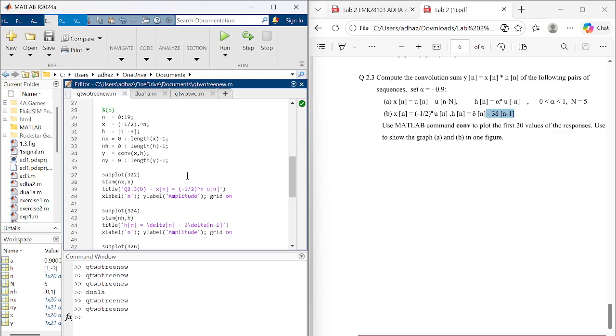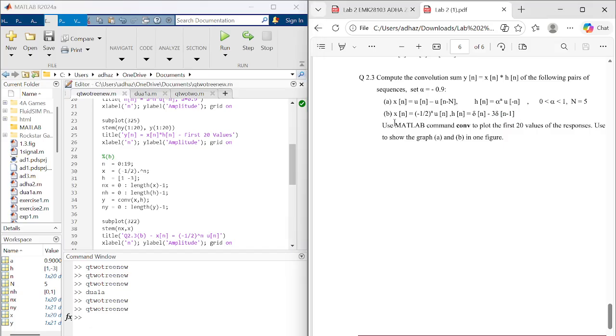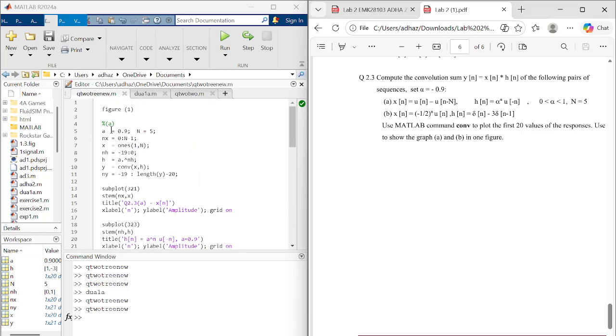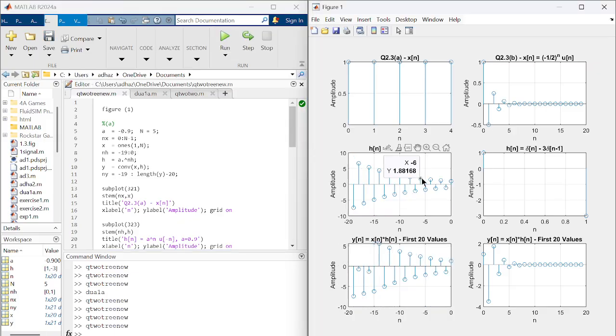By following the question, we can declare our code for questions B and A. By running it, it gives us the same values. Just following the question, you can define the values from this to this, as well as this and this.